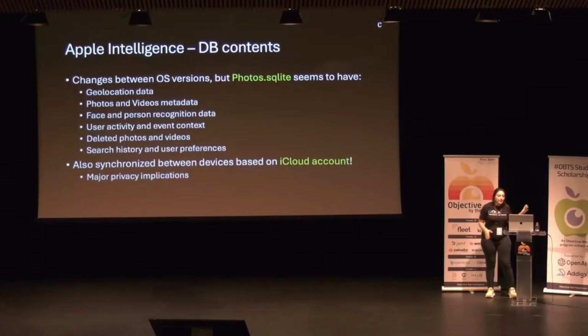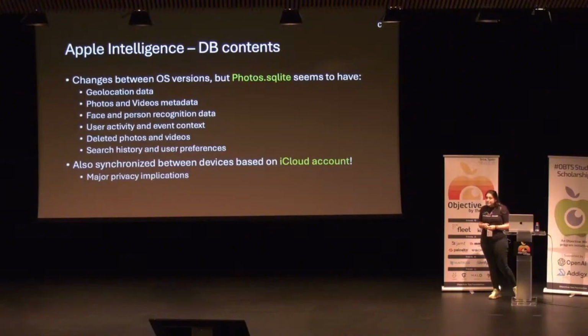So I said things change between operating system versions, and we were looking for the juiciest, most interesting data, and we decided that photos.sqlite seems to have a lot of the things that you might be interested in terms of sensitivity. So geolocation data, photo and video metadata like dog breeds, face and person recognition data, even deleted photo and video information, search history.